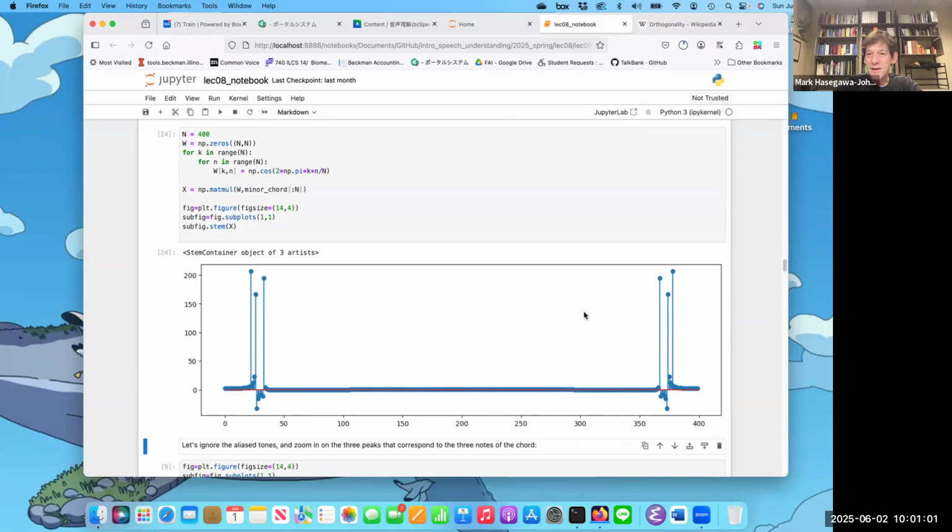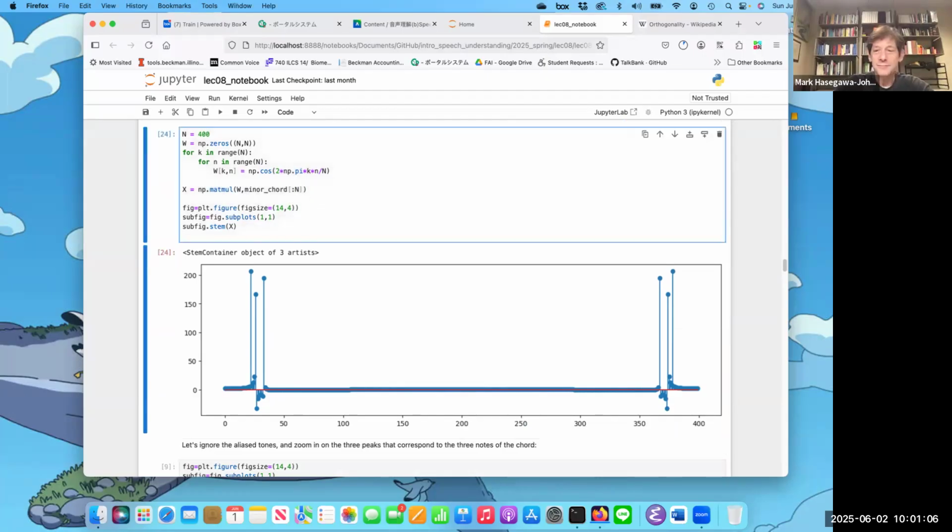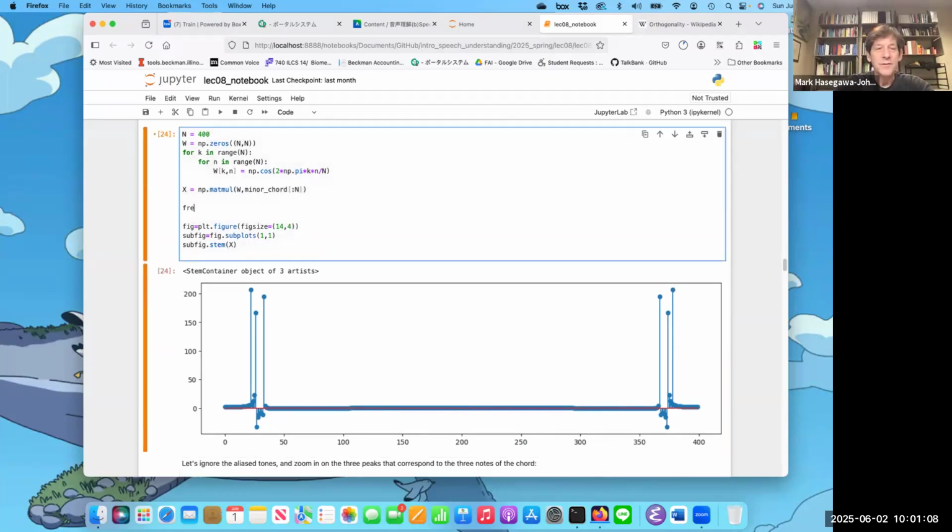In fact, let me convert these into frequencies. Let me create a frequency axis here. Frequency axis is equal to np dot zeros of length capital N. And actually, no, it'll be np dot arange of length capital N. That'll be numbers from 0 up to 400.